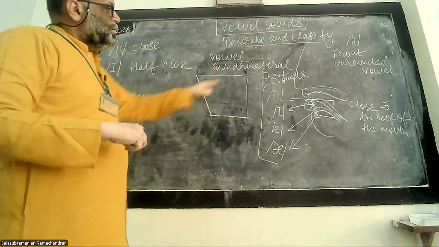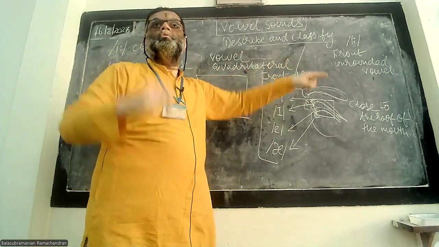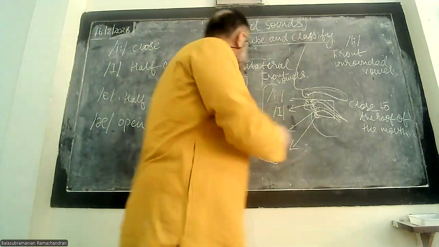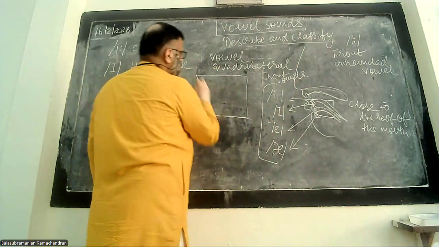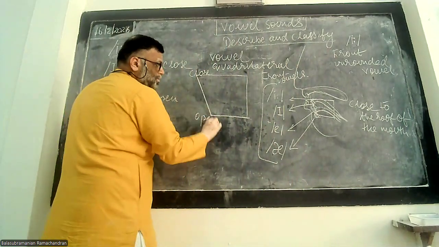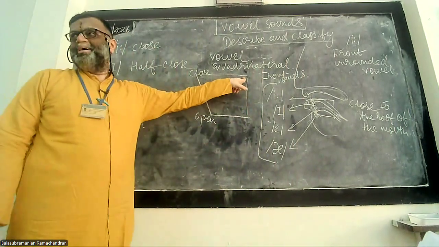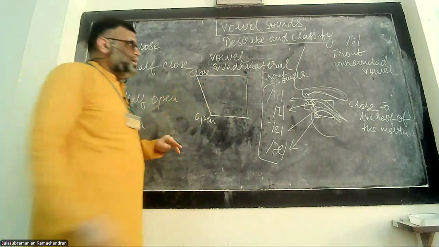So front unrounded. So what position is this? Close, open. So what will this be? Half close. Other than that, close, open.